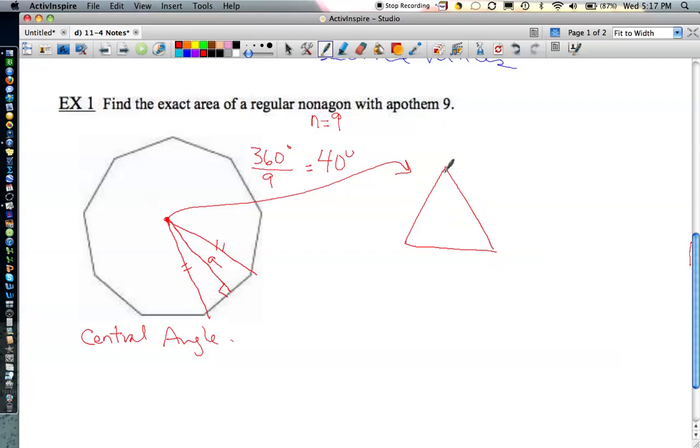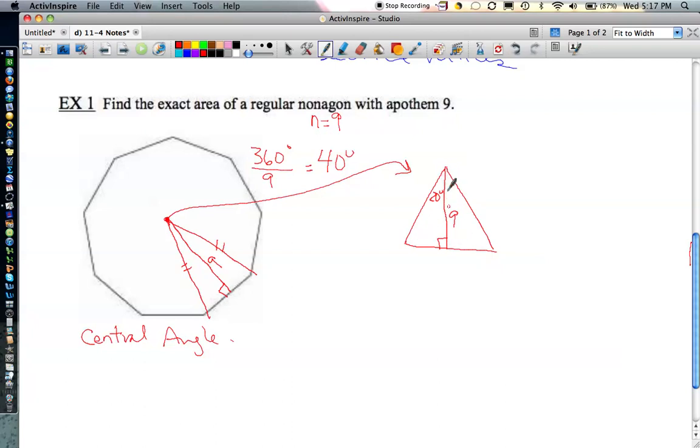Okay. We know the apothem is 9, which is the same as the number of sides. And each of these is 20 degrees. So what's this one down here? Well, this one is 70 degrees. Maybe it's important to use, but I don't think we really need it.